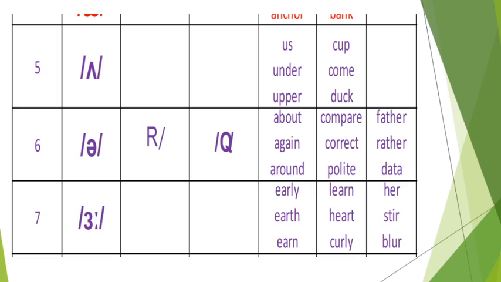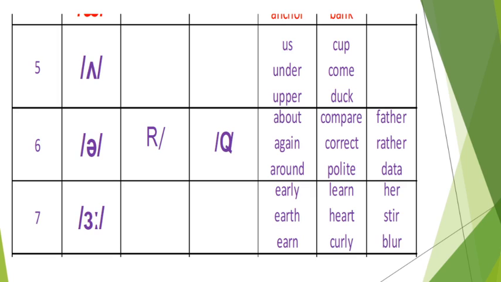Now you see the final position. In many words of English that end in R, this sound will be there. There is a name to this sound also, it is called schwa. This sound is called schwa. It's a very predominant sound in English.